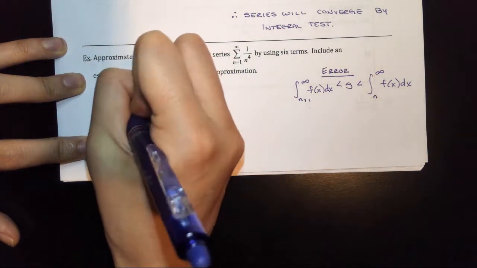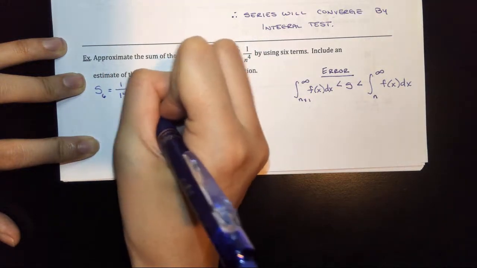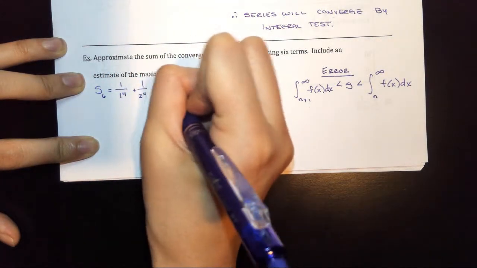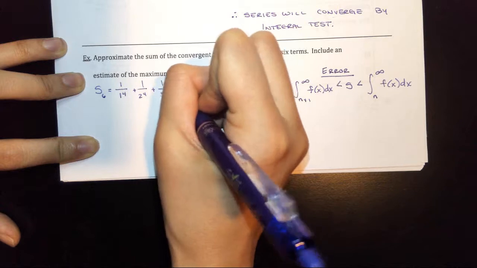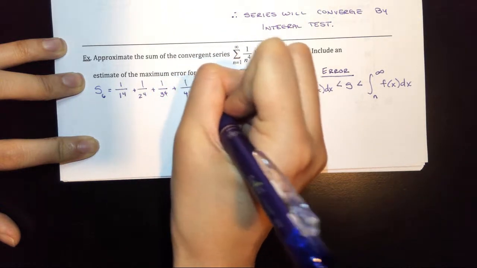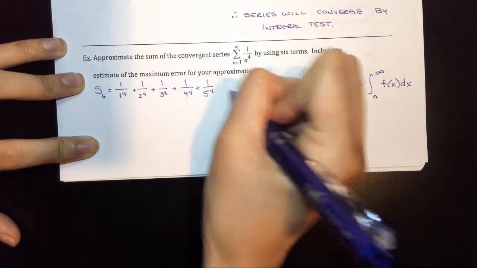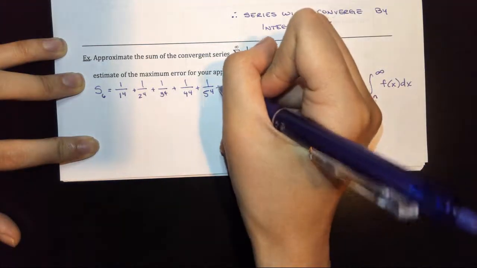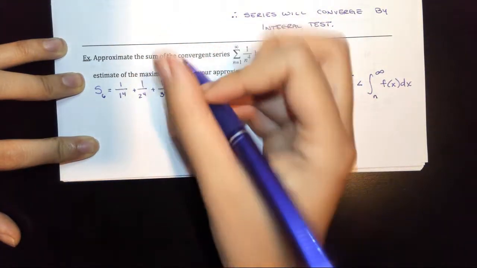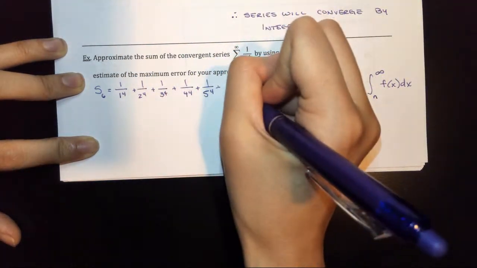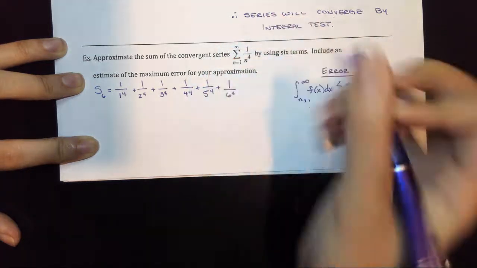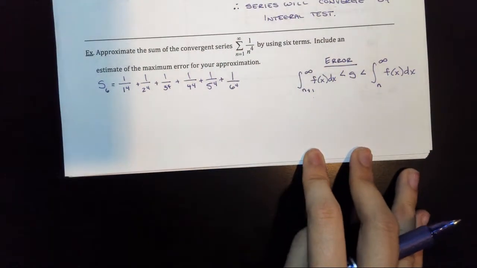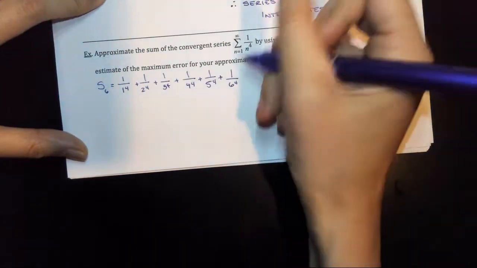So 1 over 1 to the 4th plus 1 over 2 to the 4th plus 1 over 3 to the 4th plus 1 over 4 to the 4th plus 1 over 5 to the 4th plus, 1, 2, 3, 4, 5, 6, so 6 terms.